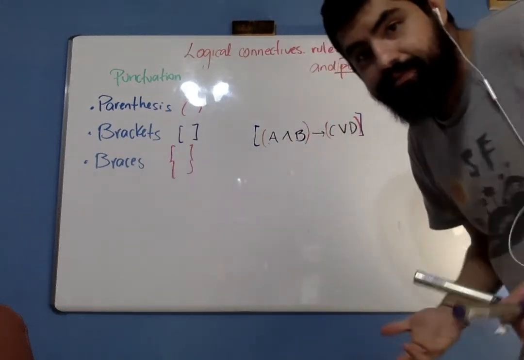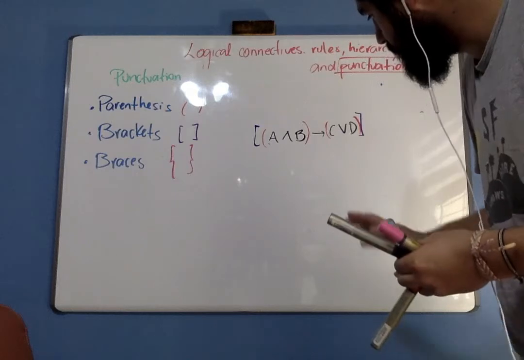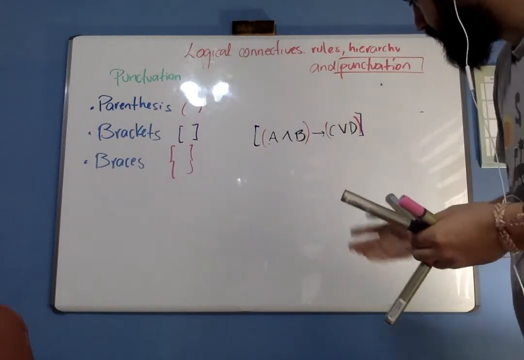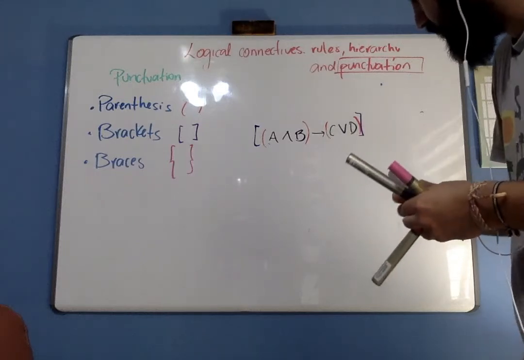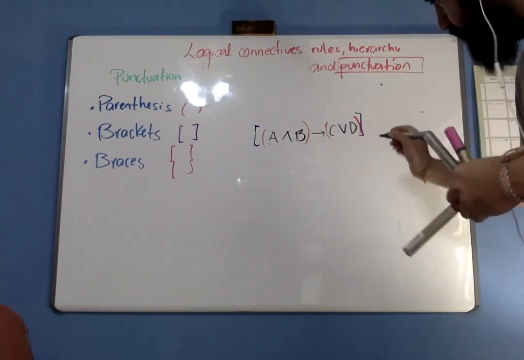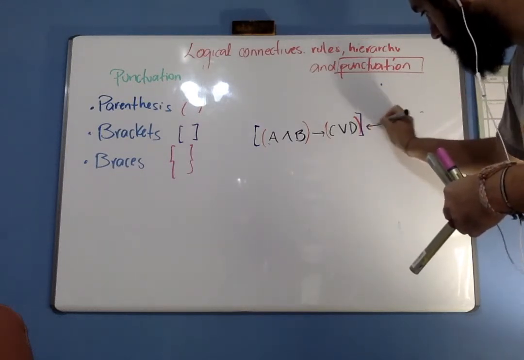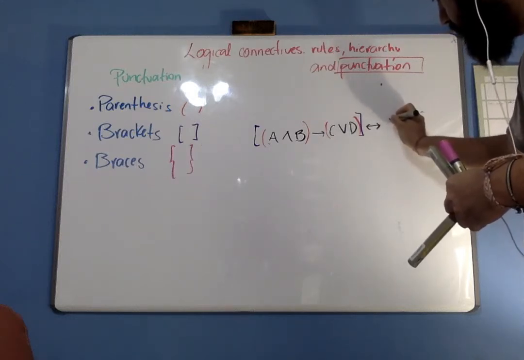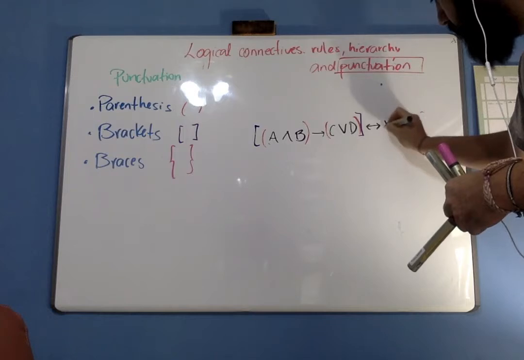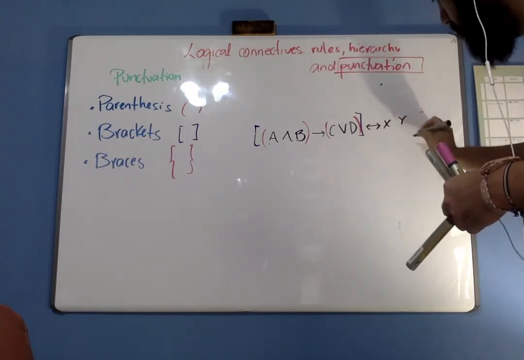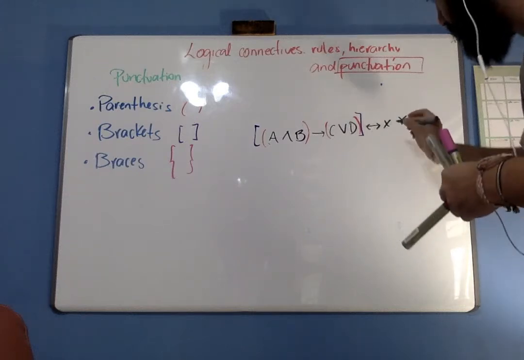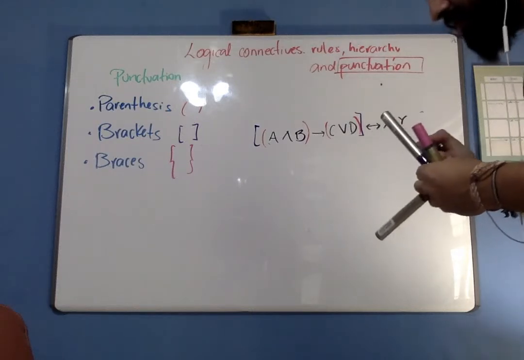Now imagine that this expression that is already contained in these brackets has, I don't know, a biconditional with, let's say, X and Y, and let's say that this is an exclusive disjunction.